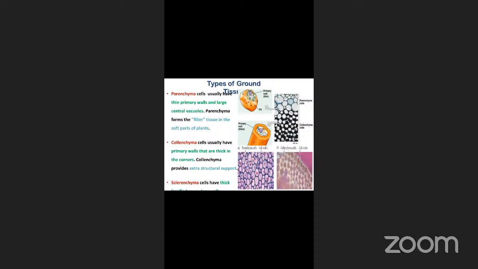Examples are lotus and pistia, floating plants on the surface of the water.